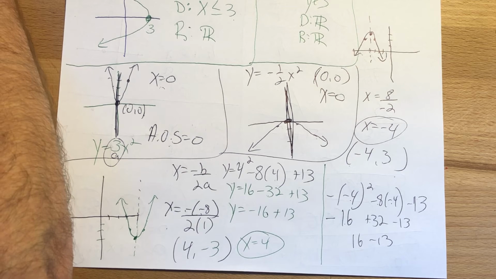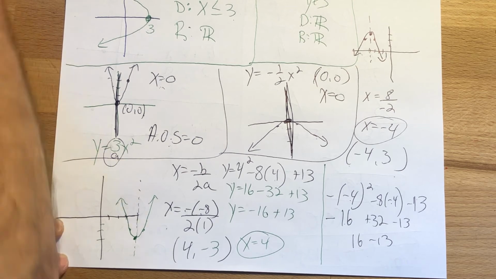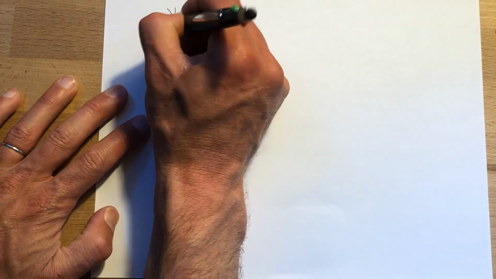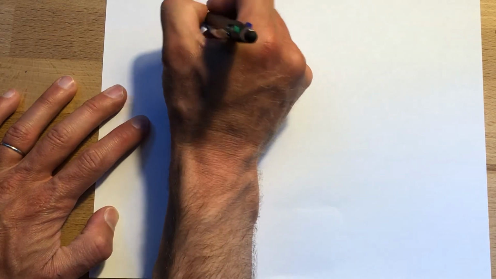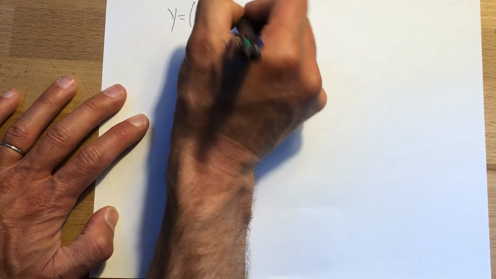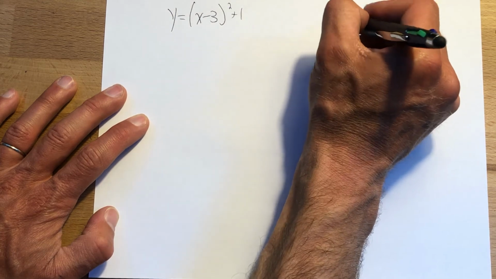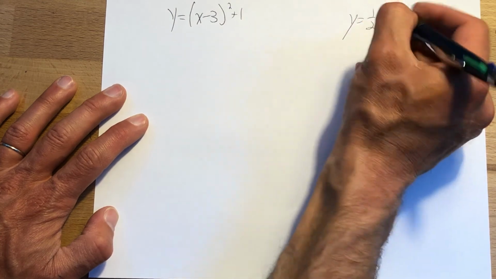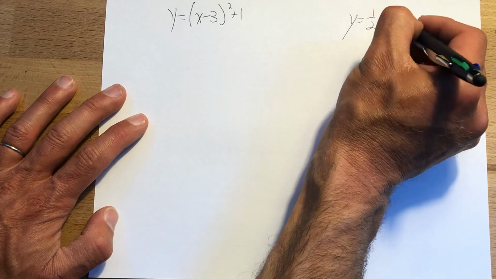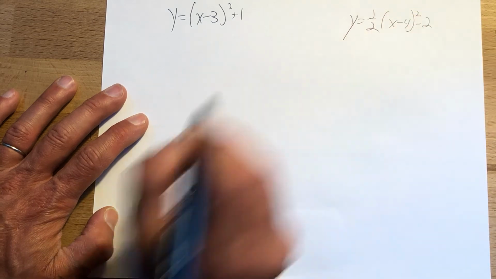And the last 2 questions on the test. Y equals x minus 3 squared plus 1 and y equals 1/2 x minus 4 squared minus 2.